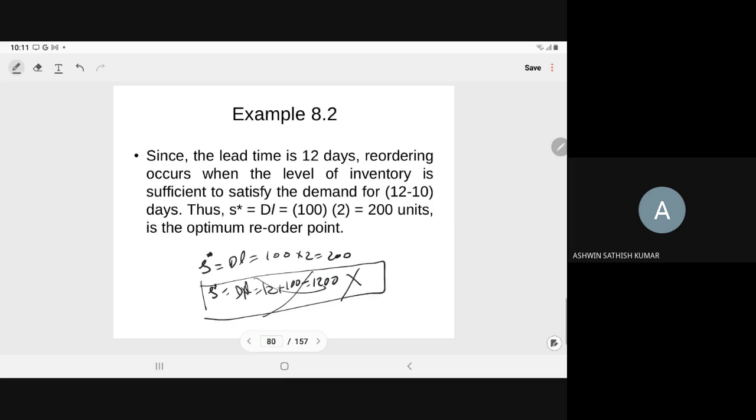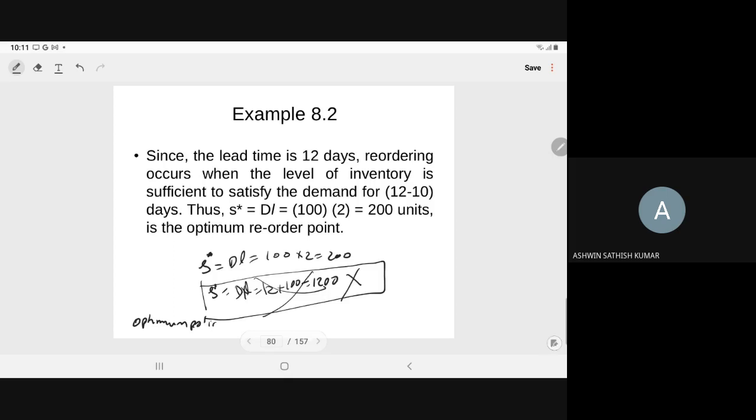In that case, we have to determine the effective lead time, and here the effective lead time is 2 days. Clear? So what is the optimum policy?